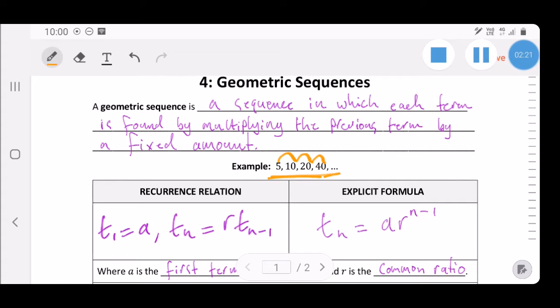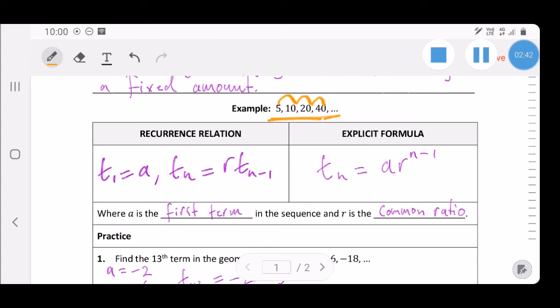So it lets you find the next term in terms of the previous term, if you have the previous term. An explicit formula allows you to find just the 100th term or the 1000th term, any term you want, so long as you have the starting value and the common ratio, which is the number that we multiply each term by to get the next number.